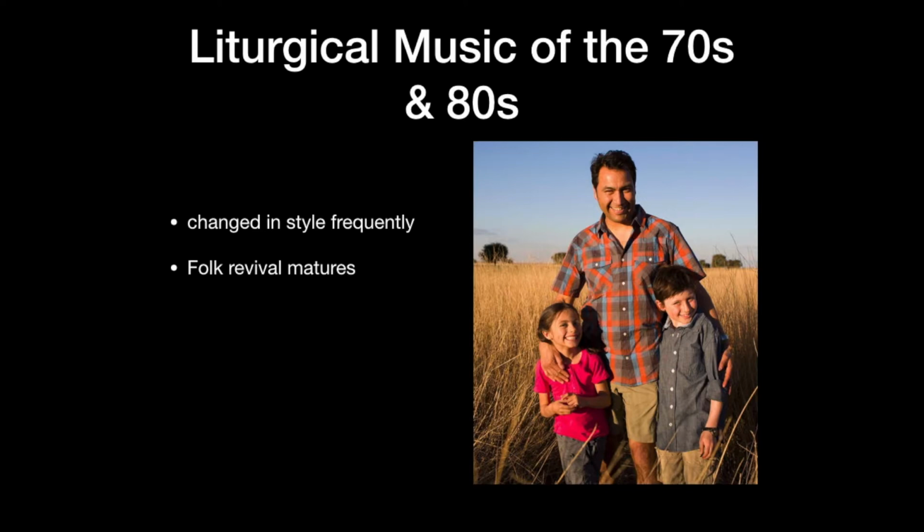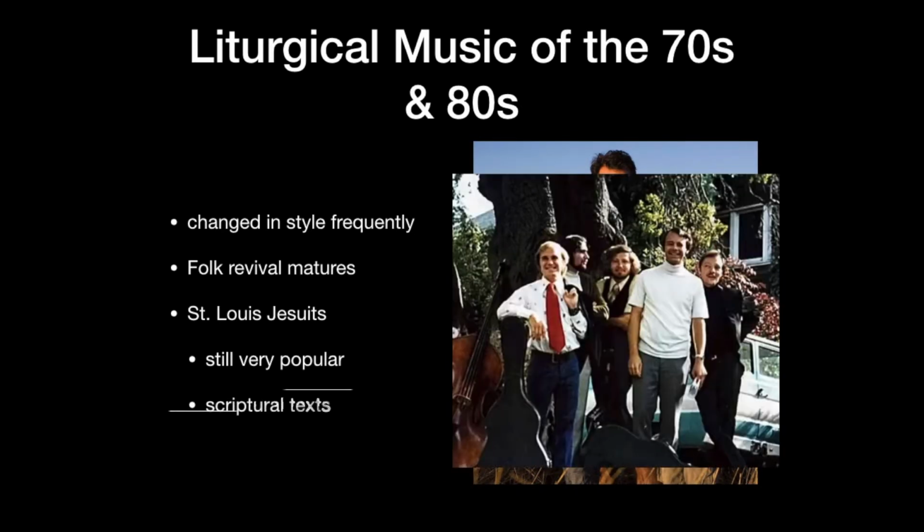But in the 1970s, we get a group who helps move Catholic music forward after the Second Vatican Council, and they're called the St. Louis Jesuits. And they are still very popular today. And here is an image of the St. Louis Jesuits. You can tell this is from the 1970s.